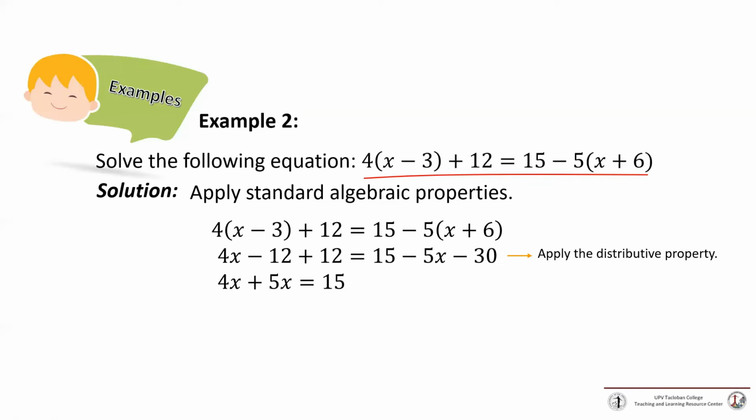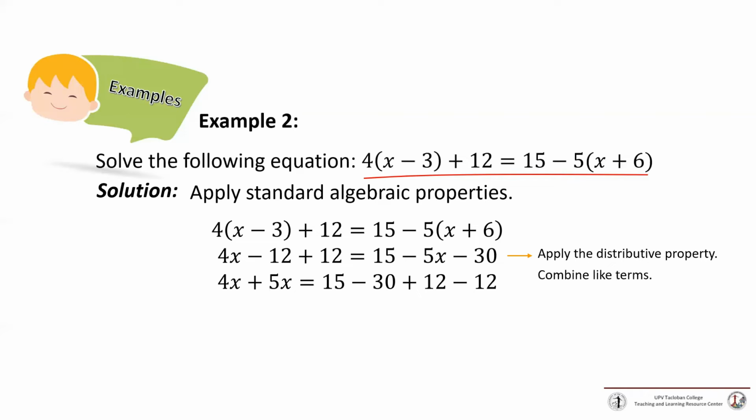So this time, we simplify the equation. We just combine like terms. 4x is combined with negative 5x on this side, which becomes positive 5x. And then 15, copy negative 30, and then plus 12 minus 12.